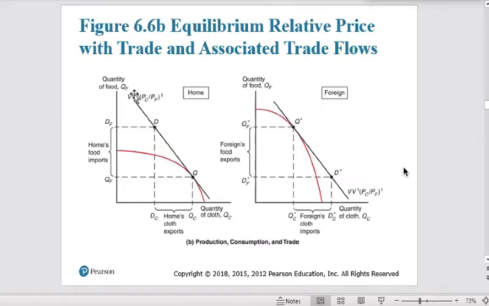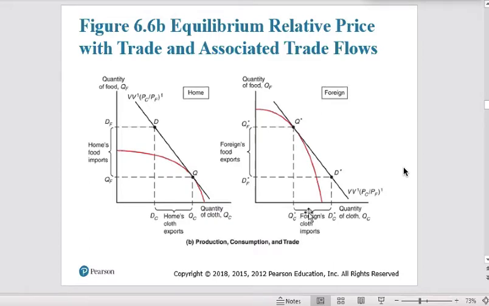And given the budget allowance, given the price, with their budget at this production, they can consume at point D. And this is how much they will export, because they make this much, but they only consume this much. And the difference is going to be for the international market.